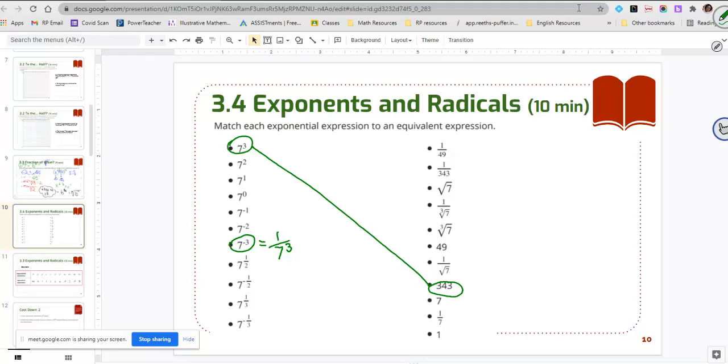That's a rule we've looked at previously. Also on page 8. Well, 7 to the third power we just said is 343. So 7 to the negative third has to connect with this fraction of 1 over 343.